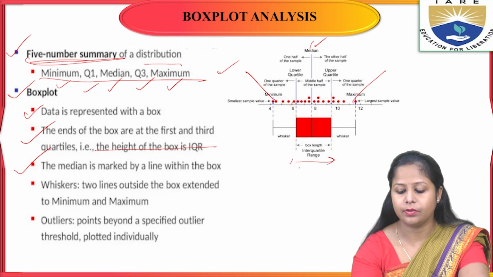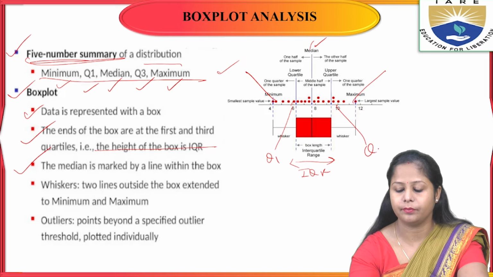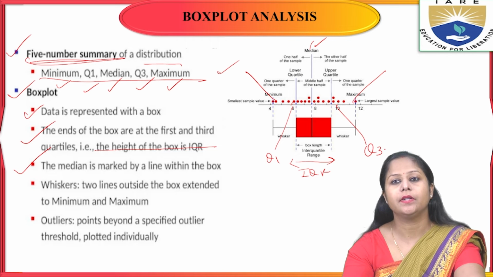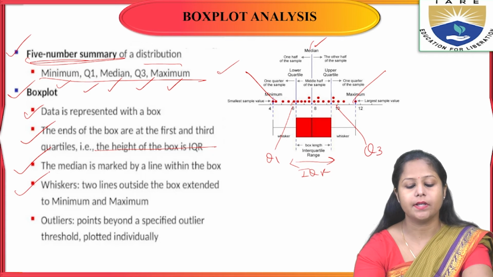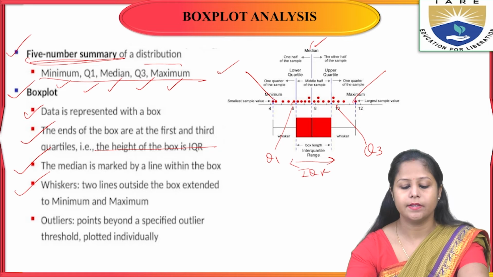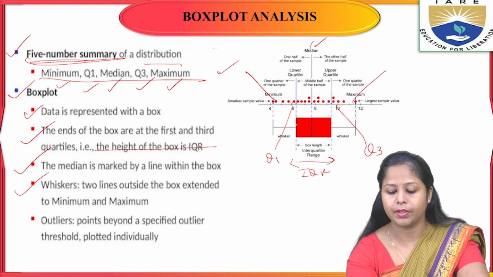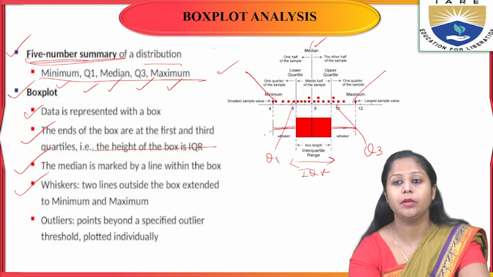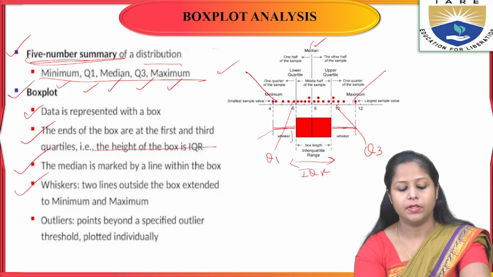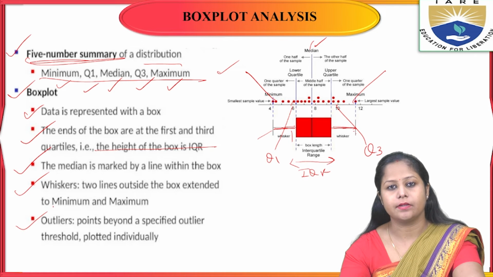This is the IQR, this is Q1, and this is Q3. Whiskers are the two lines outside the box extended to the minimum and maximum. So what are whiskers? Here to here, minimum to maximum. These are called whiskers.